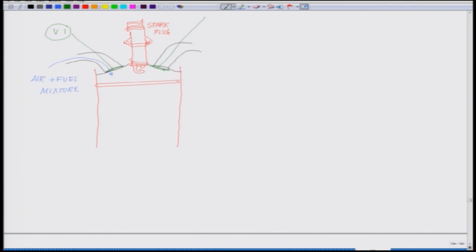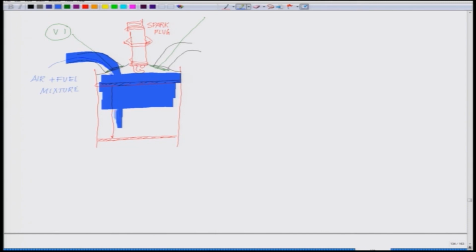As it mixes, it moves down somewhere out here. Once it moves down, this whole place will be filled with the mixture. So this is step 1.